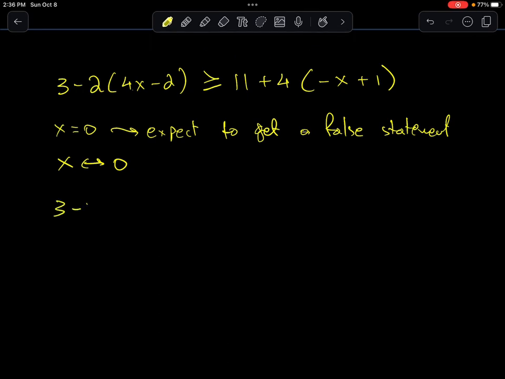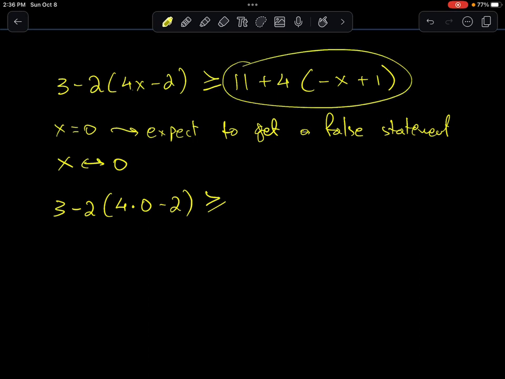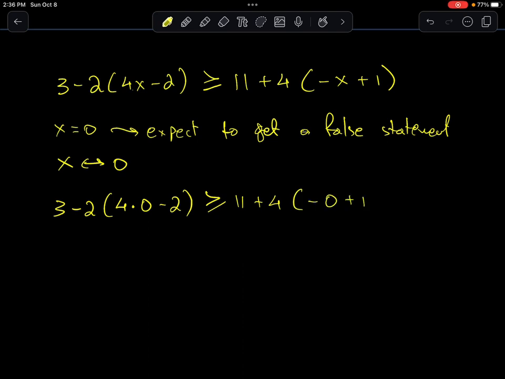So 3 minus 2, parenthesis 4 times 0 minus 2. Just rewrote the left hand side. The inequality remains as is. Now for the right hand side, 11 plus 4, parenthesis -0 plus 1.